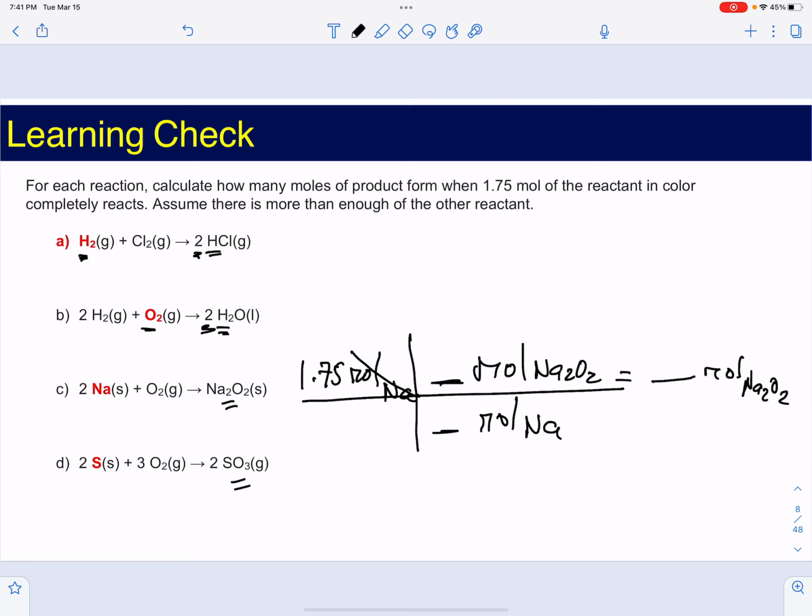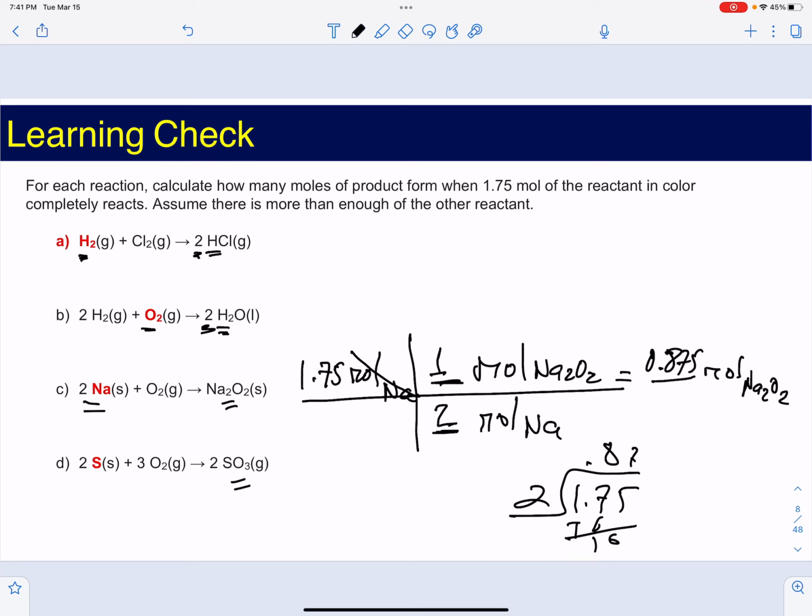These numbers come from the balanced equation. So Na2O2 is 1 and the sodium is 2, which tells me that we're going to have 0.875. Is that what I get? 1.75 divided by 2, yep, 0.875.